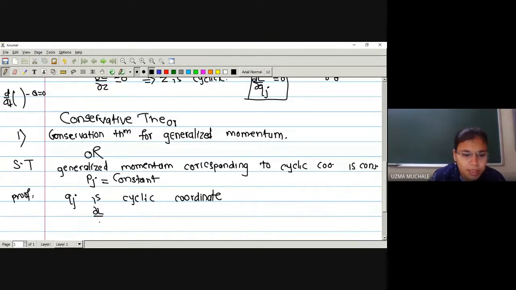So what do you mean by cyclic coordinate? By definition, we can say dou L by dou Qj will be equal to 0. If Qj is absent or cyclic in the L, its corresponding derivative, that is dou L by dou Qj, will be equal to 0.